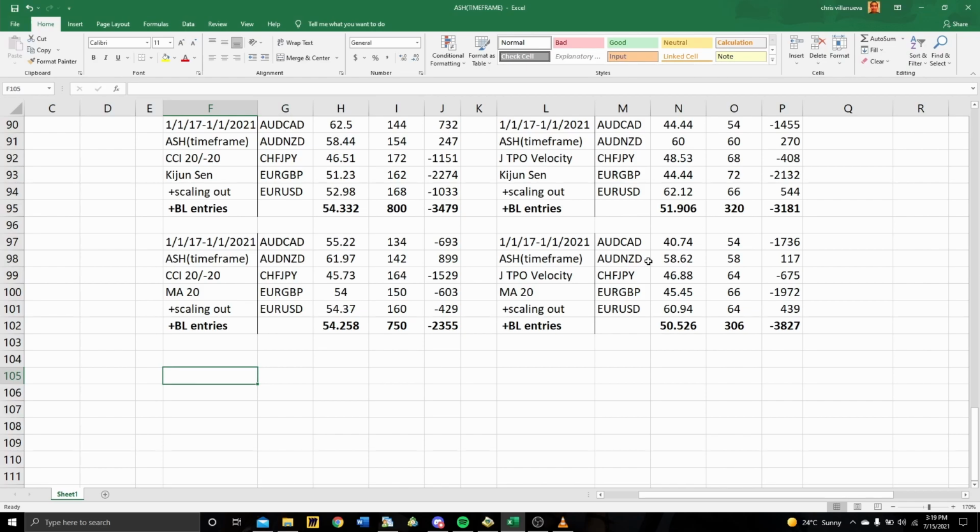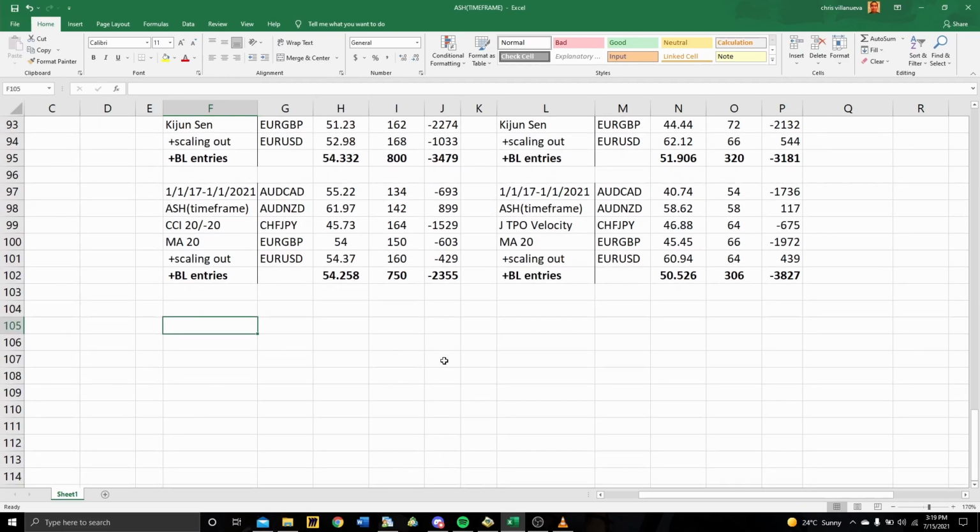So next I'm going to test volume, but how I'm going to do it is testing the entry system by itself first, which is C1, C2, and volume. And what we're going to be looking at is the win rate. And then after we find a volume that's decent enough, we'll test volume with the exit part of the exit system.